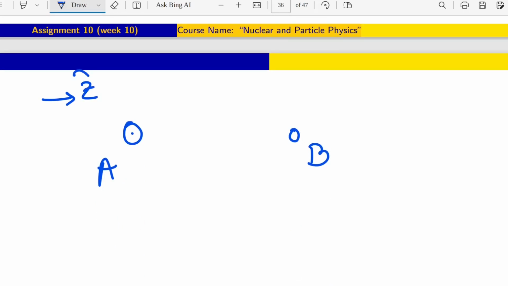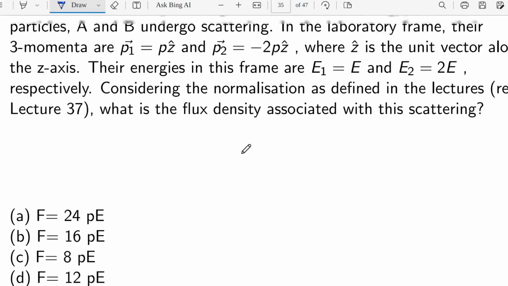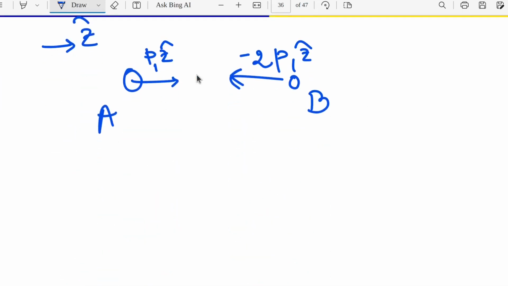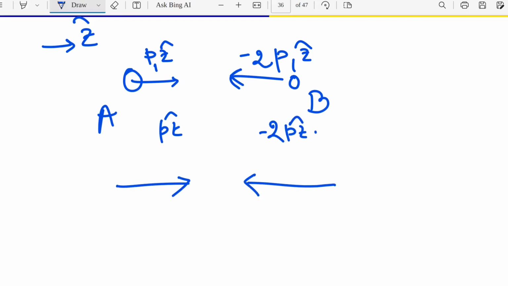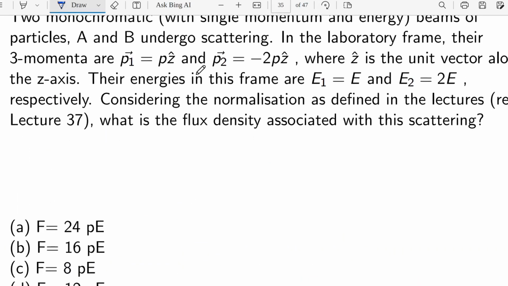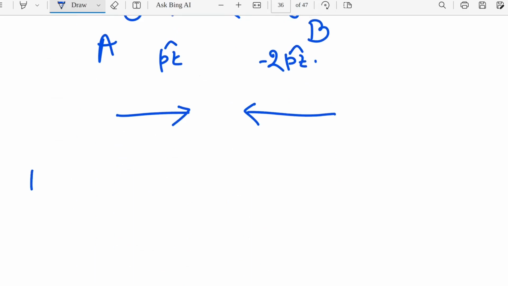Minus, because it is going in the opposite direction. So one will come from this side and another from this side. Now they are asking about the flux density. The energy is also given: E1 is E and E2 is 2E.